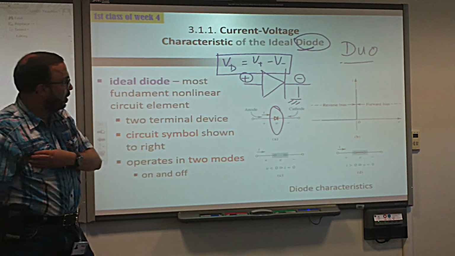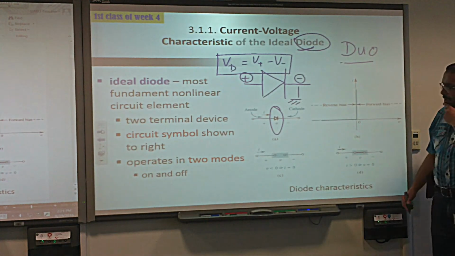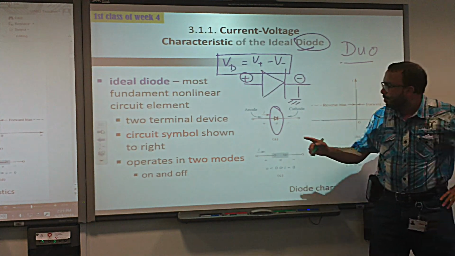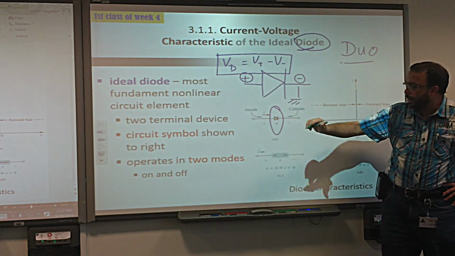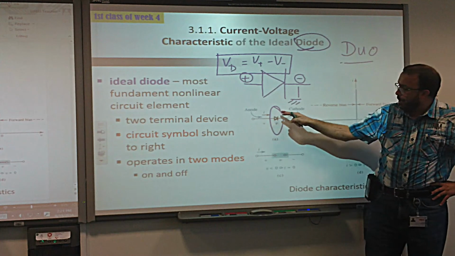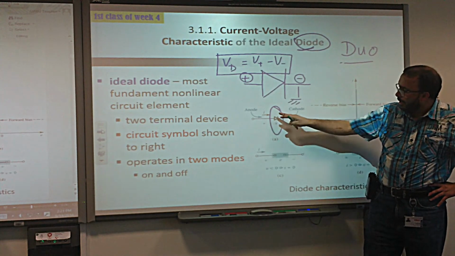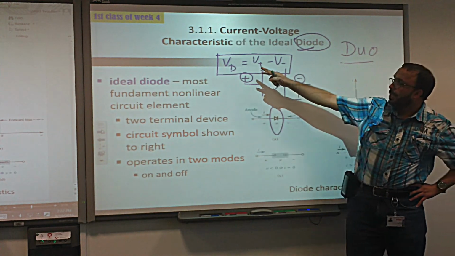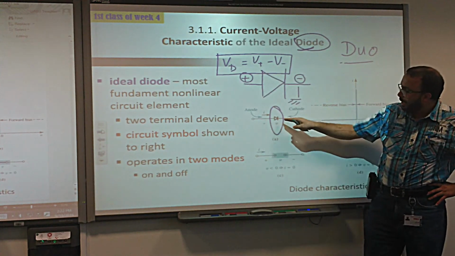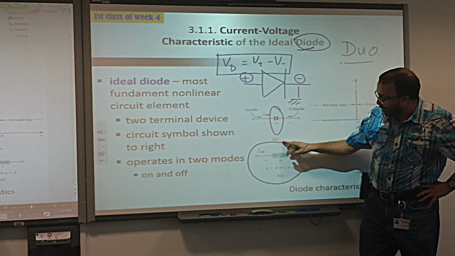Now, what's the ideal diode? We talked about the symbol. We'll talk now about the model. How does it behave? The behavior of the diode is very simple. This is only the ideal diode so far. If the diode is reverse biased, meaning VD is negative, then the diode will behave like an open circuit.